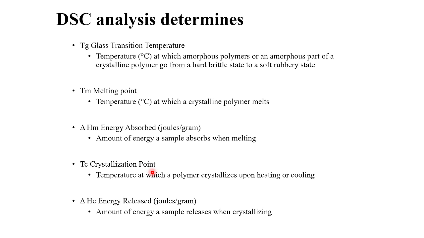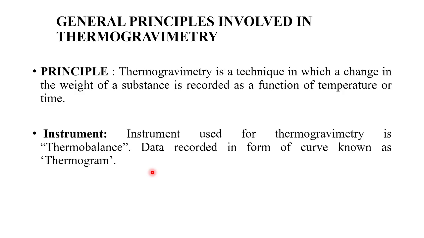Accordingly, the heat released during crystallization you can calculate from the area under that curve peak. So from DSC we can get the Tg of any unknown sample also, and we can measure different physical properties of any material.